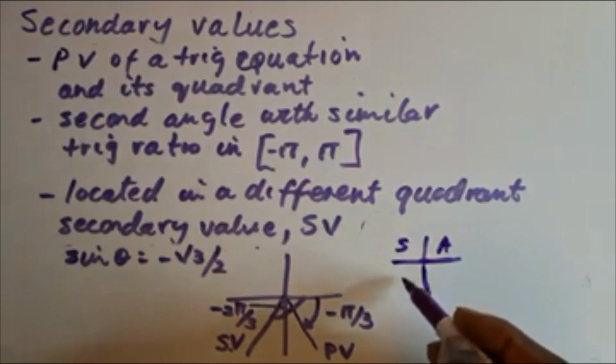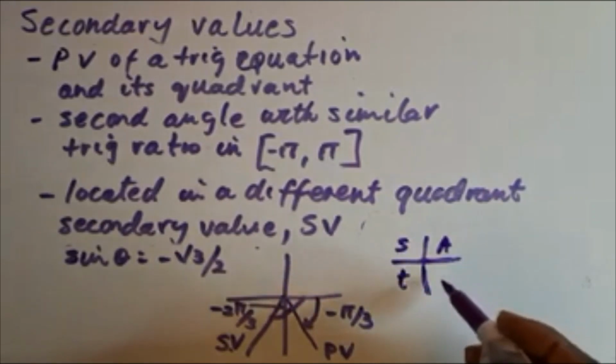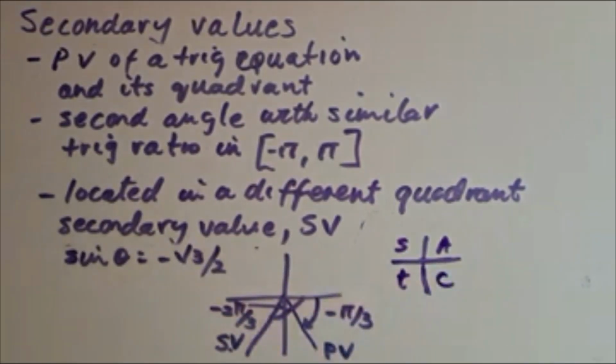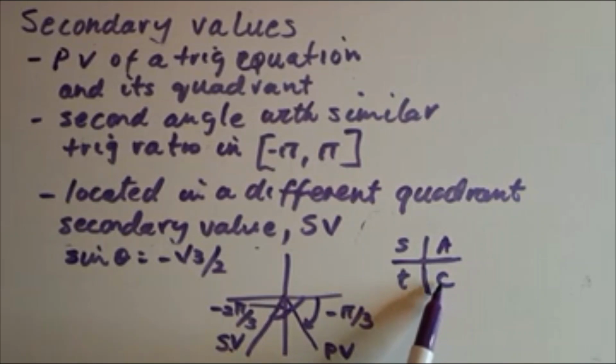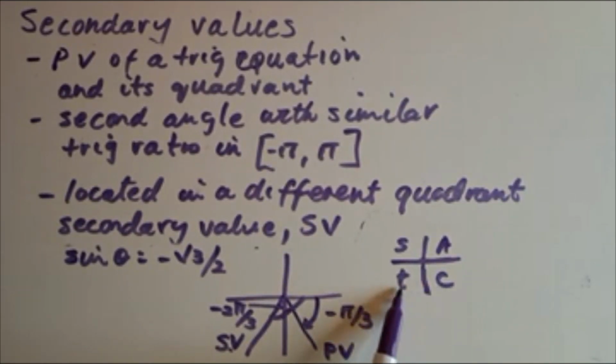Sine is positive here, tan is positive here, and cosine is positive in the fourth quadrant. So we have our first angle, the principal value, being negative, because sine is negative in this quadrant, and also negative in this, the third quadrant.